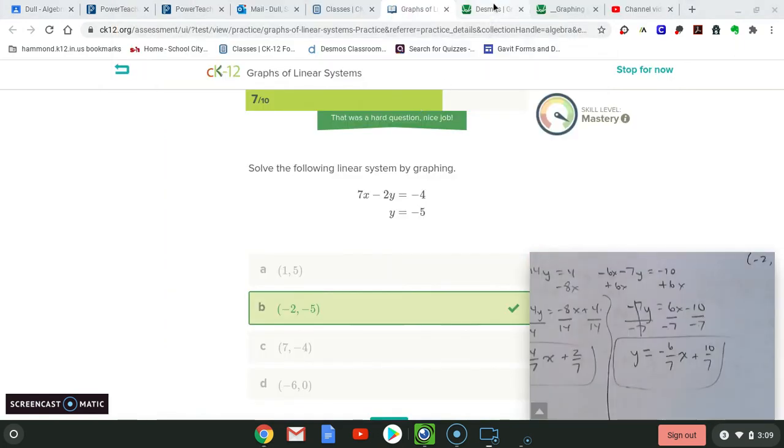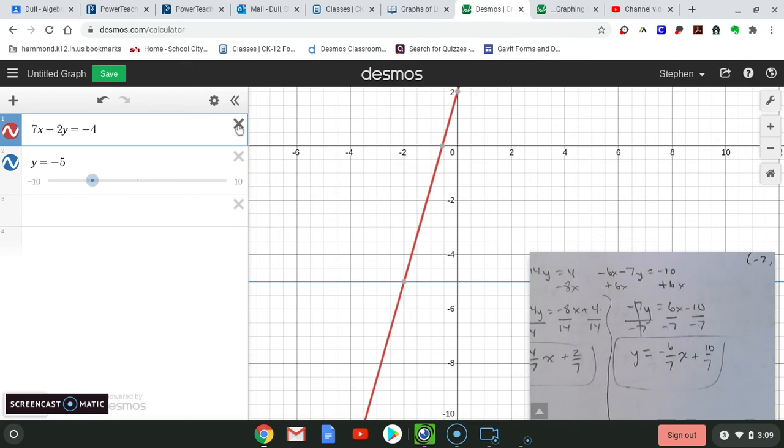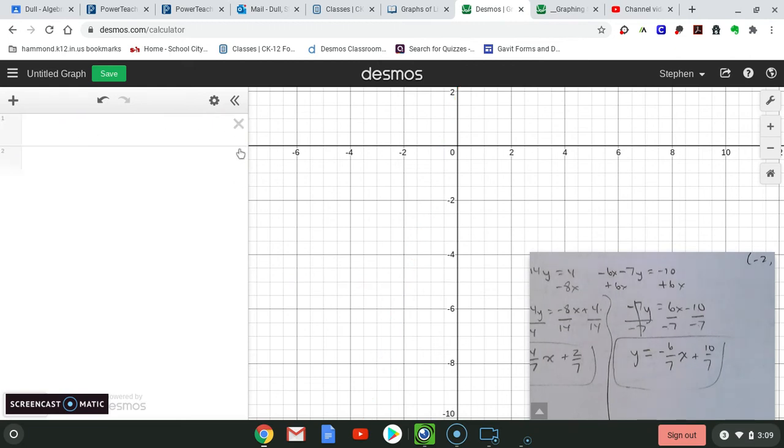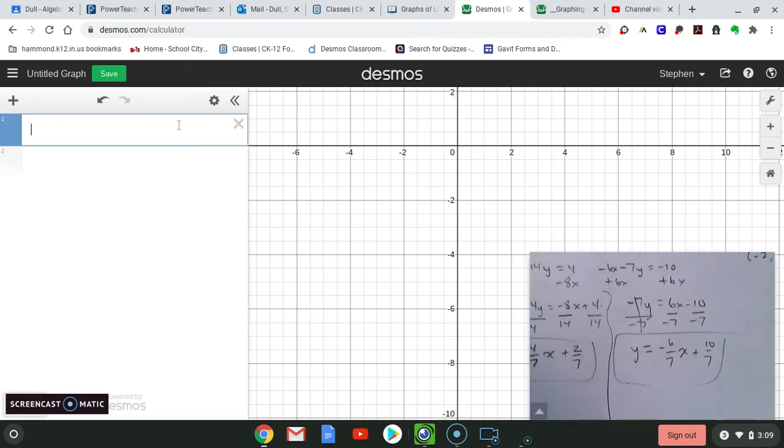So if we jump back over to the Desmos graphing calculator, clear these two rows, and let's type in 8x plus 14y equals 4, and negative 6x minus 7y equals negative 10.